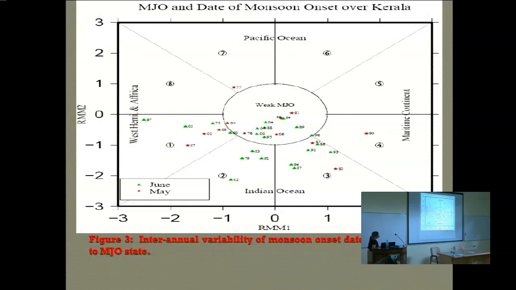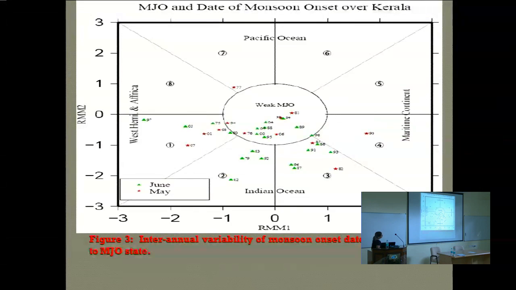The reason is that due to geographical coherence, it evolves. MJO is in phases 2 and 3 over the Indian Ocean, phases 4 and 5 over the maritime continent, and phases 6 and 7 over the Western Pacific Ocean.